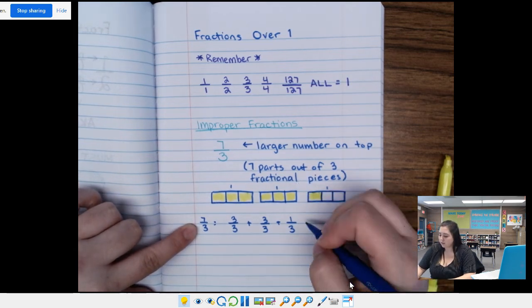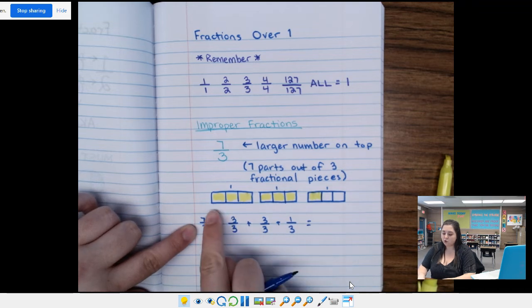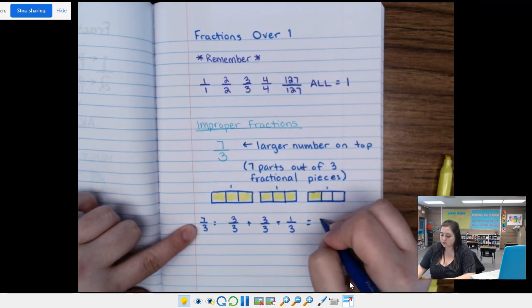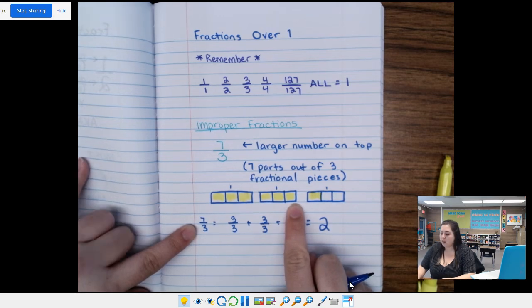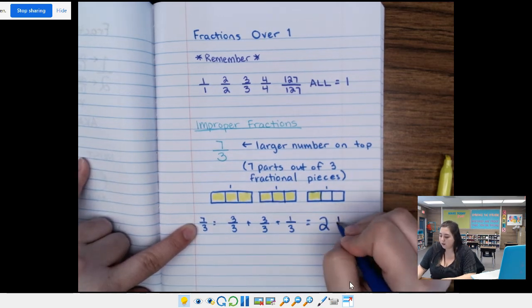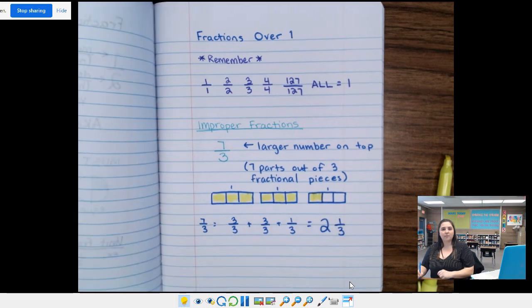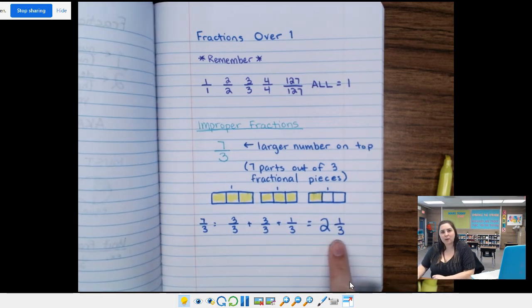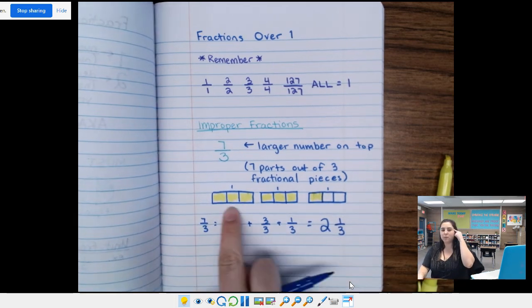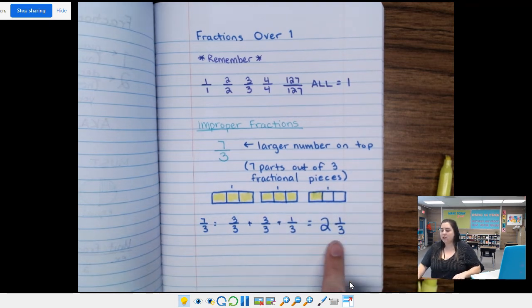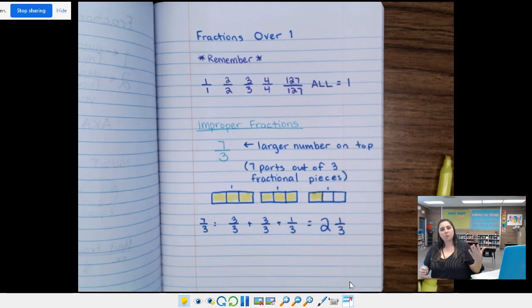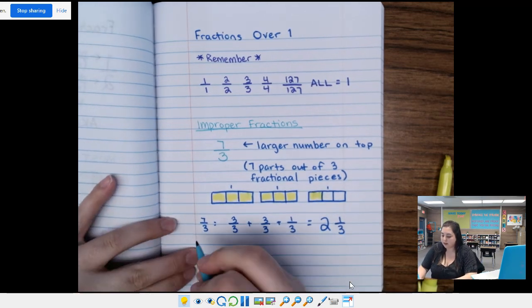But look at how else we could write this. We have 2 wholes. 2 of these bars are completely filled in, and then one has 1/3. This is so much easier to picture. In my head, I can picture, okay, 2 bars completely full, and one has a third full. So much easier. So this is typically what we're going to want to use instead.